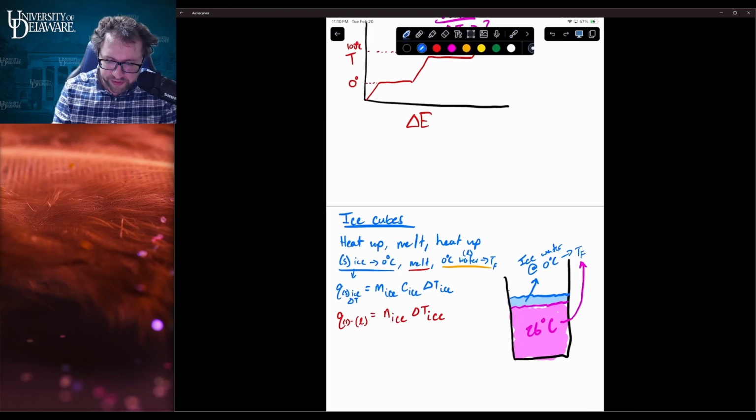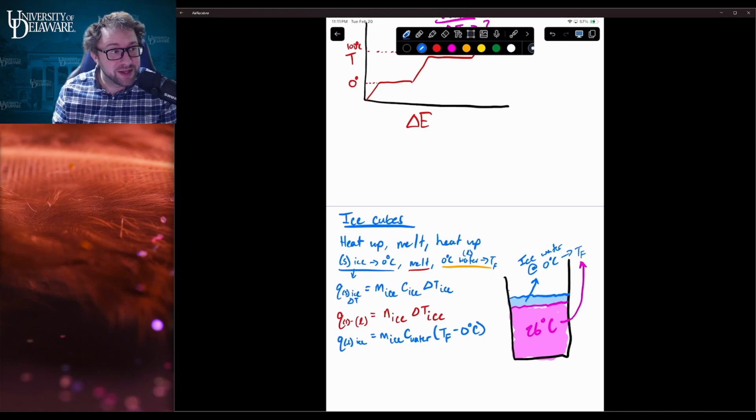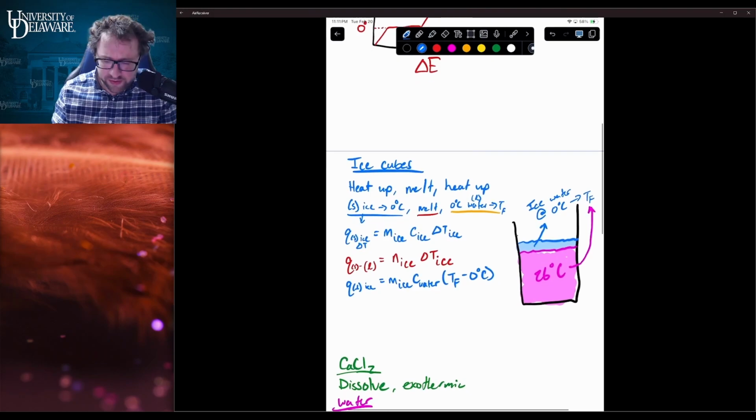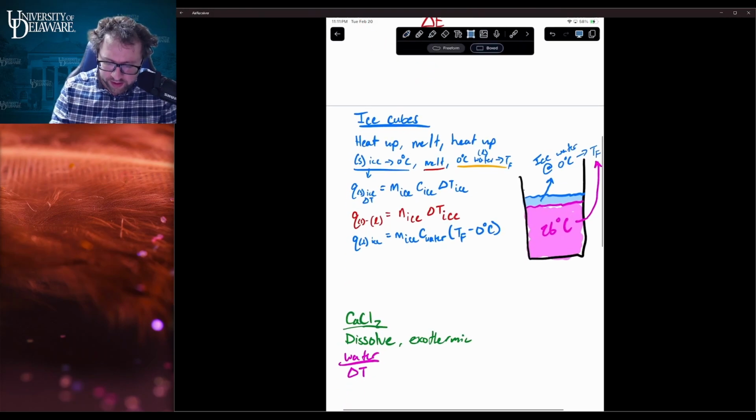So let's describe that. Here we have Q of the liquid ice. That's still going to have the mass of the ice, but now it's going to have the specific heat of water. The temperature change it's going to undergo is TF minus 0 degrees C, because we're starting at 0. We just melted. So that's how we would describe our ice cubes there.